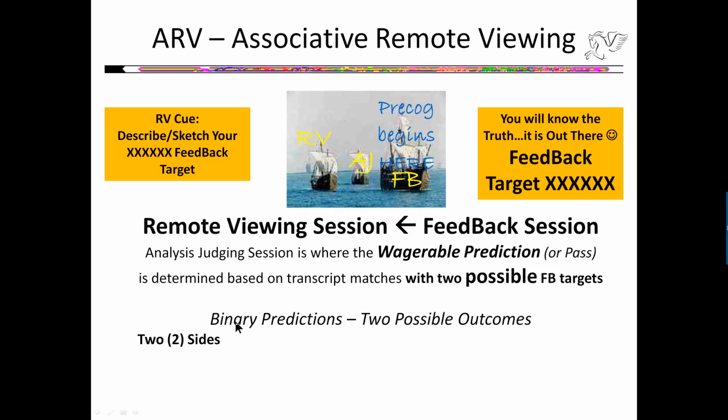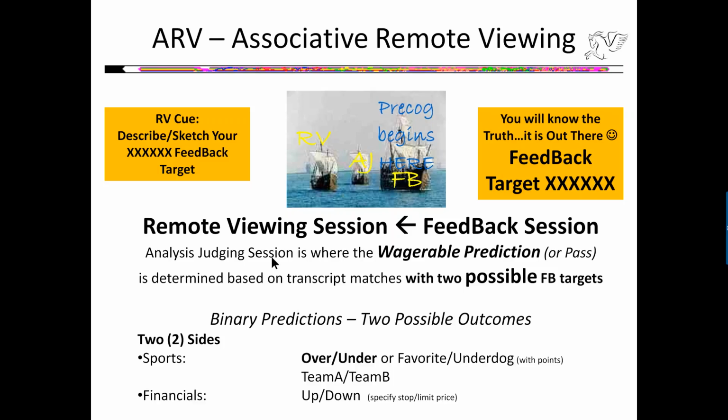You can do it with more than two, but we've found that binary is the best. At least I feel it's the best, is you have two possible outcomes, binary, two possible outcomes. We call those two possible outcomes two sides. In sports, it might be one side might be over, the other might be under.